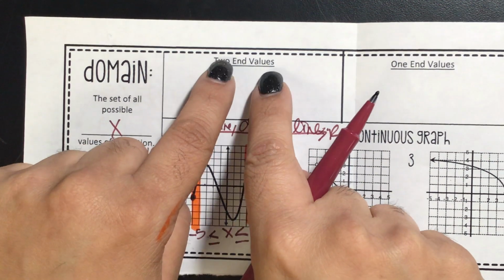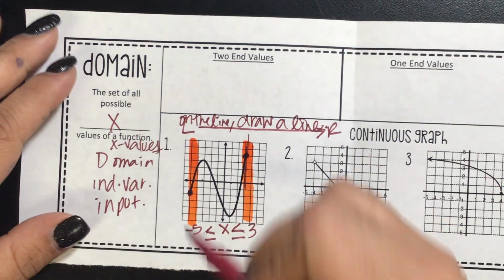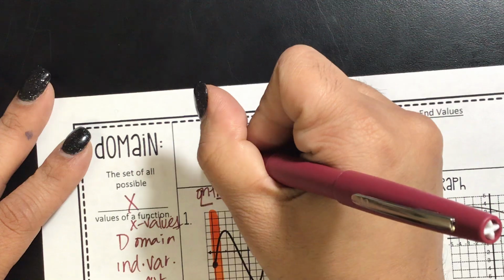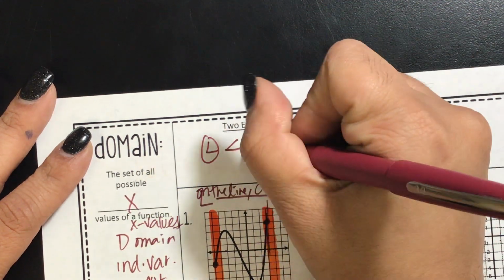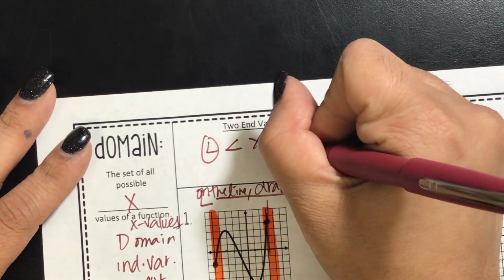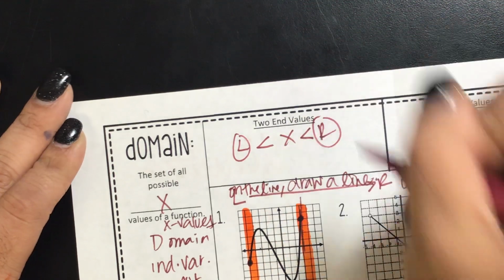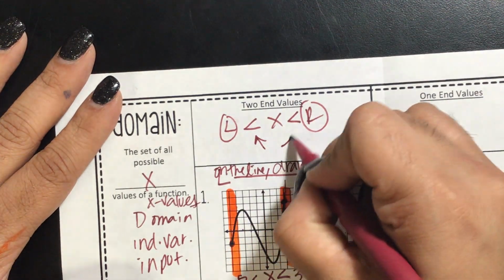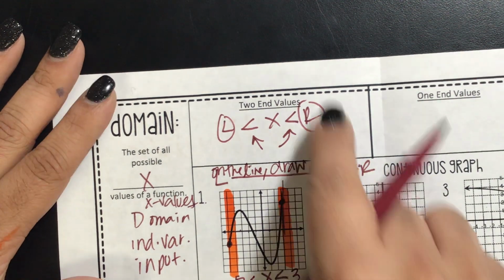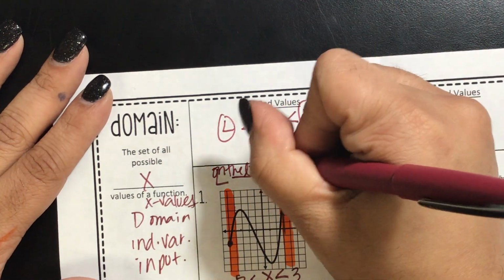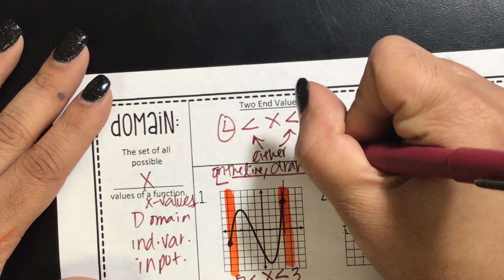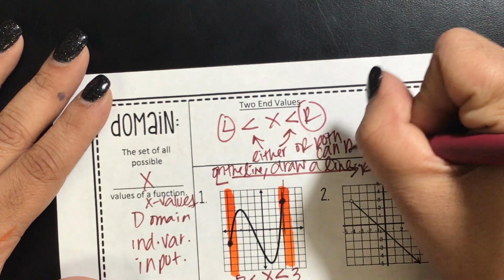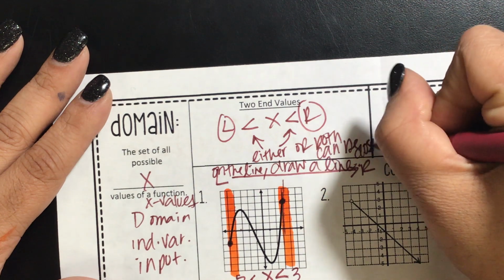When you have two end values, whether they be open or closed, this is all you need to do. It's going to be your left number less than x less than your right number. Either this one or both can be closed. So either or both can be closed.